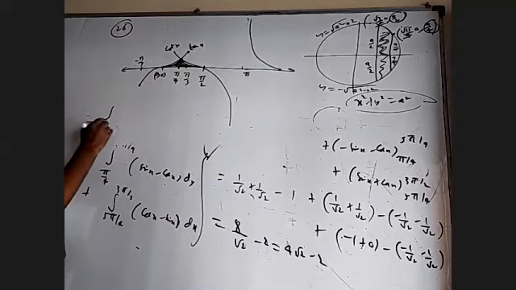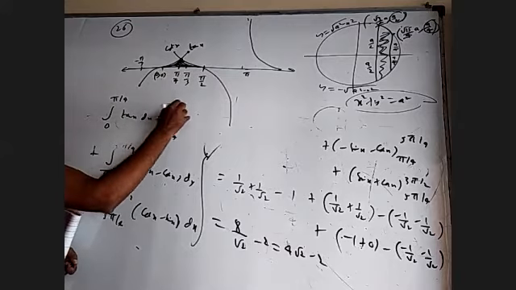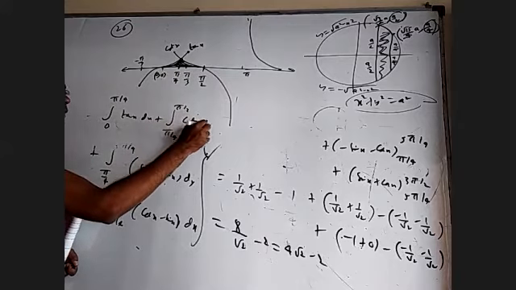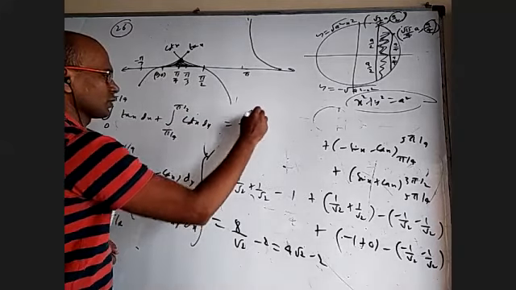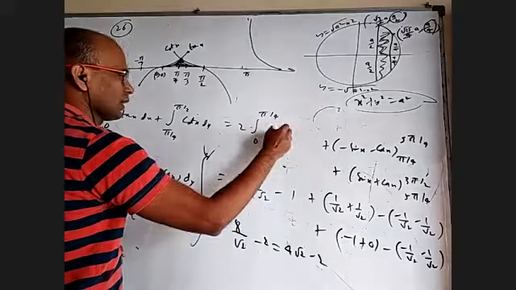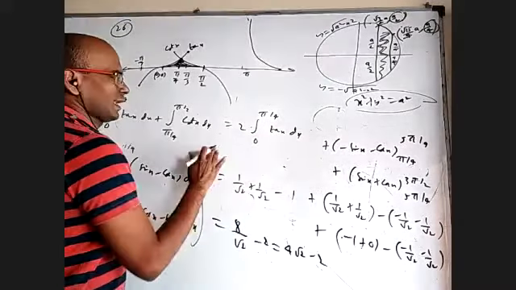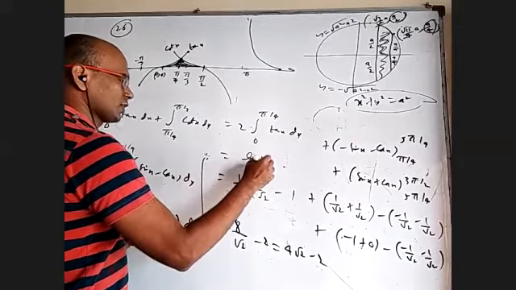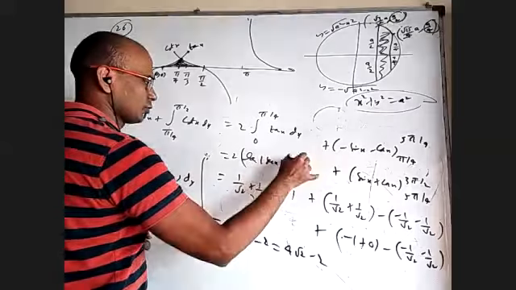So it is integral 0 to pi by 4 tan x dx plus integral pi by 4 to pi by 2 cot x dx. If you can understand these two are same, you can even write 2 times integral 0 to pi by 4 tan x dx. You don't need to write it also, not an issue. What is the integral of tan x? Log mod secant x. 2 times, with the limits 0 to pi by 4.